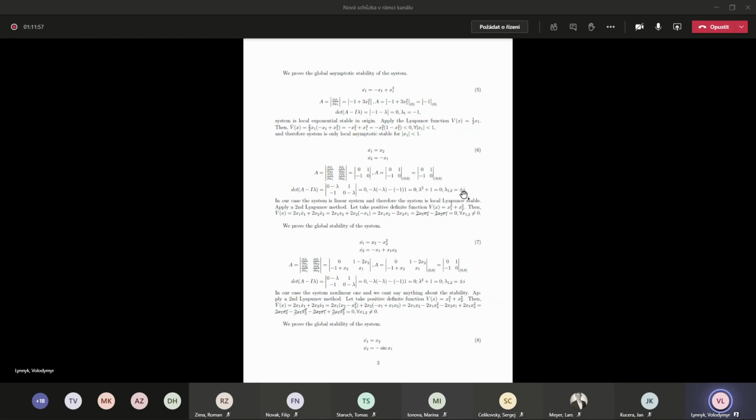That's all. We can't say anything about the stability of this system based on this lambda 1, 2.